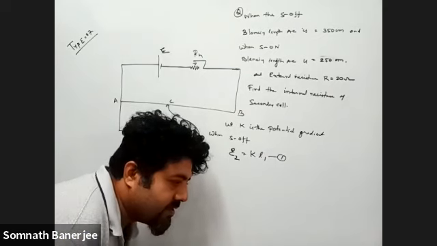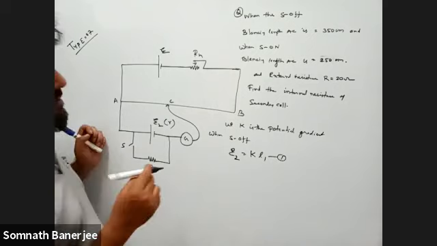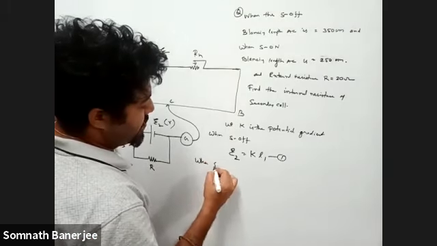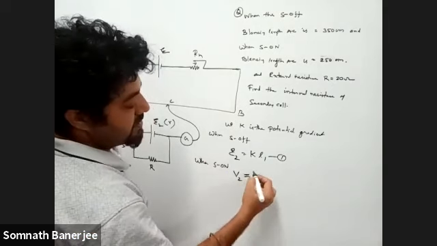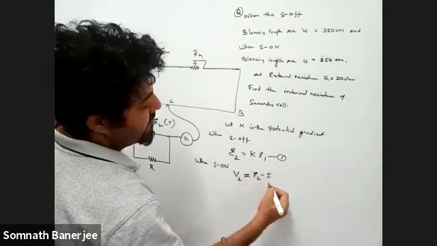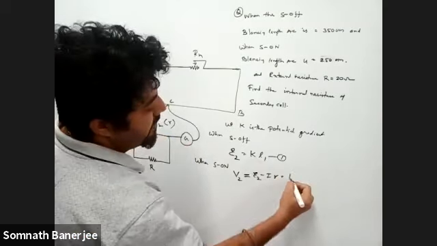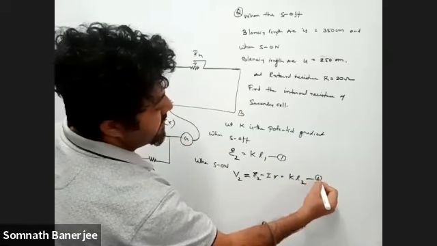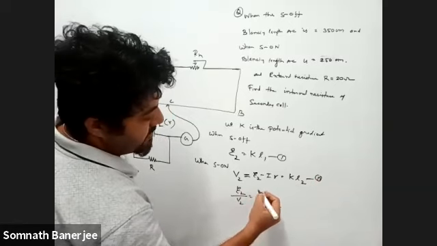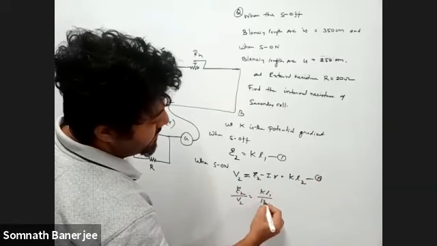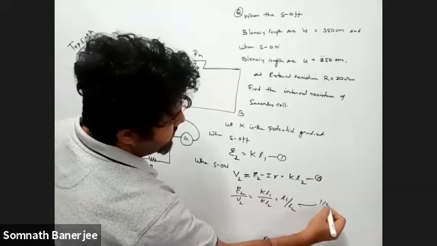Now when the switch is on, the terminal voltage comes in. When the switch is on, the terminal voltage, that is the EMF of the secondary cell minus current into internal resistance, equals K into L2. So the EMF of the secondary cell by the voltage of the secondary cell, that is KL1 by KL2, is L1 by L2. Let it be equation number 3.